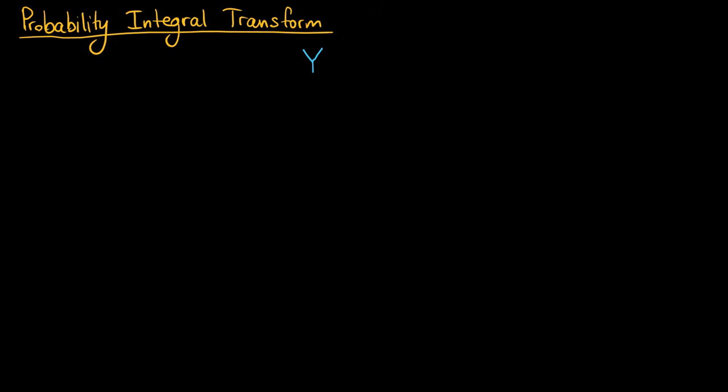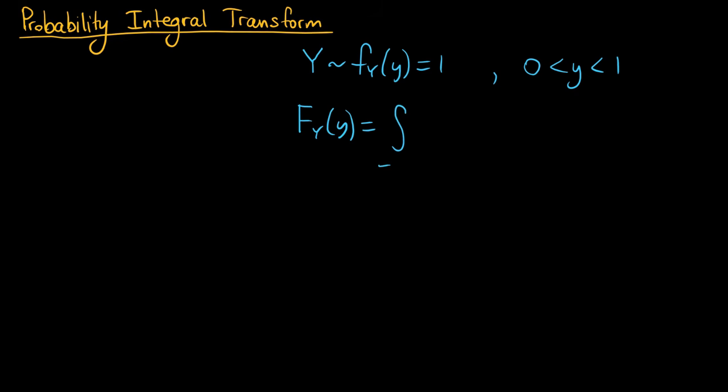If we had a continuous random variable y with a standard uniform distribution, that means we'd have the PDF of 1 on the interval from 0 to 1. And we could then get its CDF as well. The CDF of y would be the integral of the PDF from minus infinity to lowercase y.